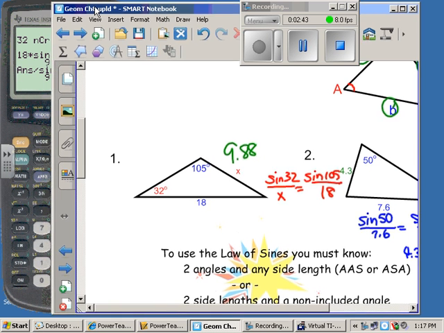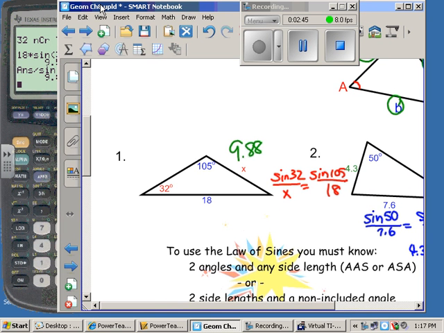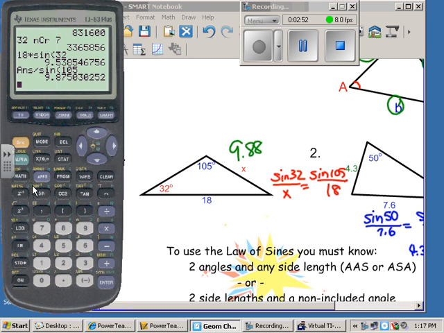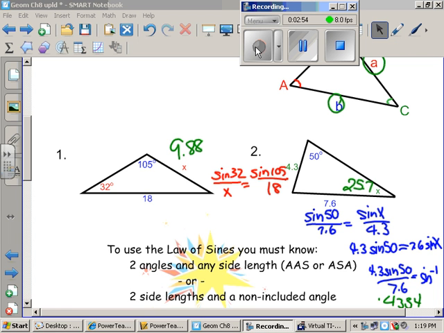When you plug all this in, you get 0.4334. Since you're looking for an angle, you do inverse sine of 0.4334, and you should get 25.7.